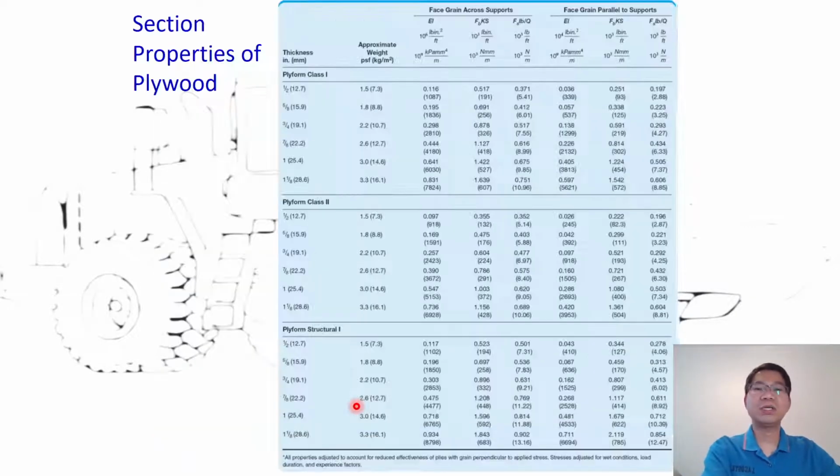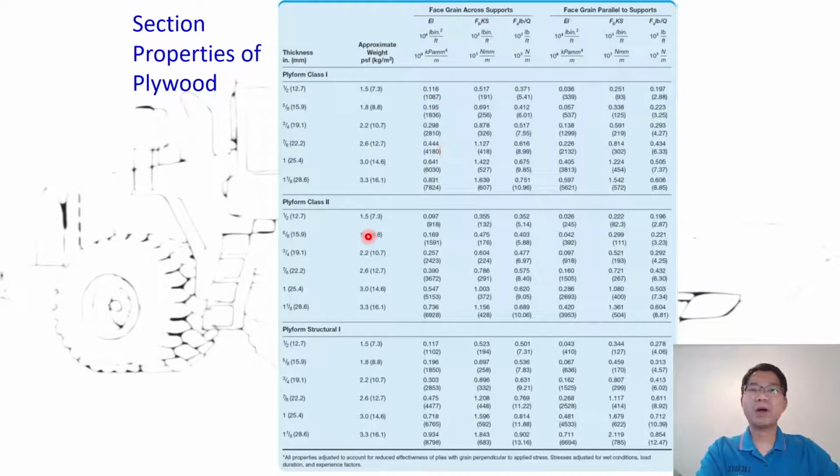But let's continue further here. Section properties. When you go to the table, etc., we need to see the section properties of different materials with different properties with the EI. So the E stands for the modulus of rigidity, right? I stands for the area moment of inertia.